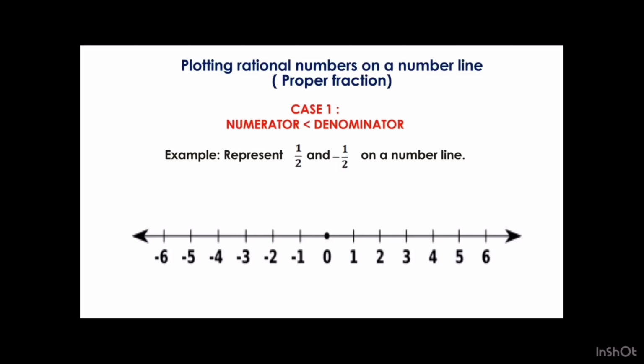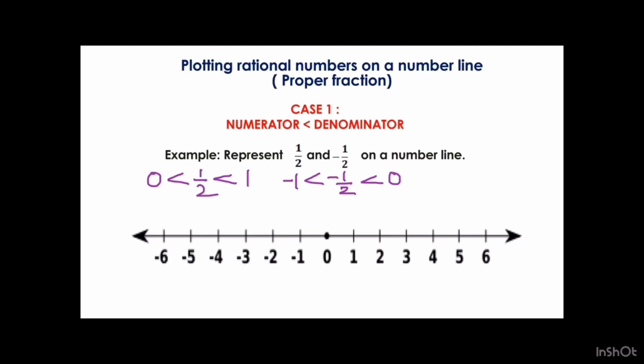Since we know that all proper fractions lie between 0 and 1, we need to represent 1 by 2 and minus 1 by 2 on this number line. 1 by 2 lies between 0 and 1, that is on the right side of 0, and minus 1 by 2 lies between minus 1 and 0, that is on the left side of 0.